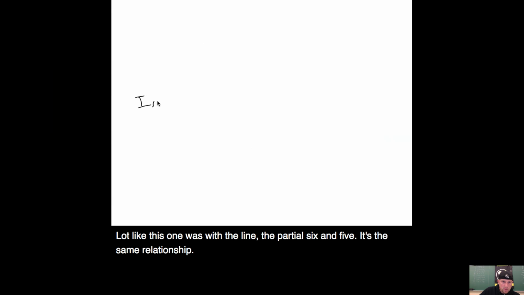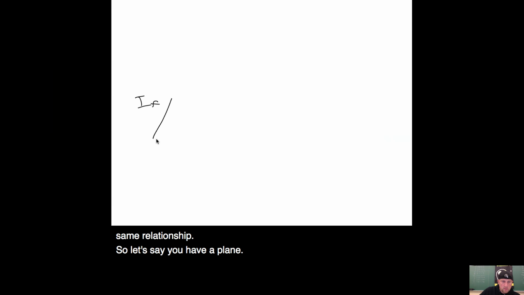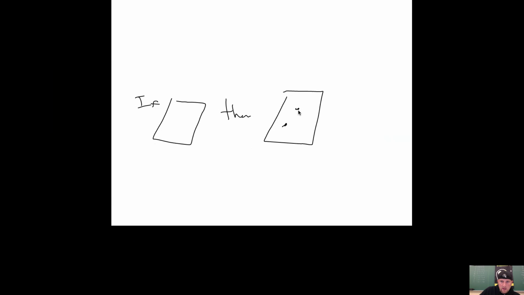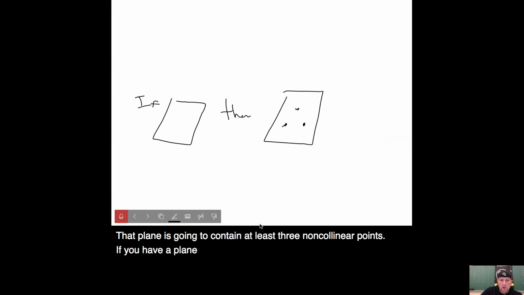So let's say you have a plane. That plane is going to contain at least 3 non-collinear points. If you have a plane, then that plane has at least 3 non-collinear points on it.